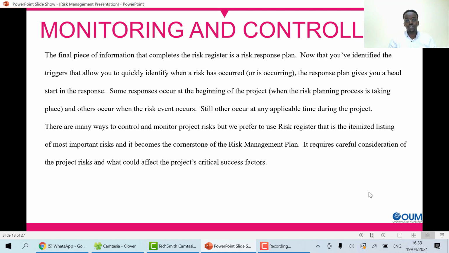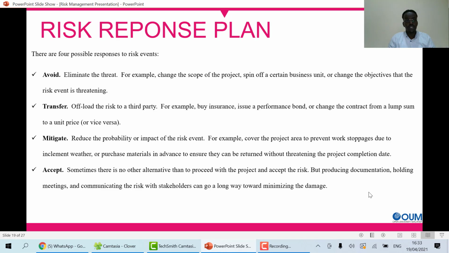There are many ways to control and monitor project risks, but we prefer to use a risk register. That is the itemized list of the most important risks, and it becomes the cornerstone of the risk management plan. It requires careful consideration of project risks and what could affect the project's critical success factors.